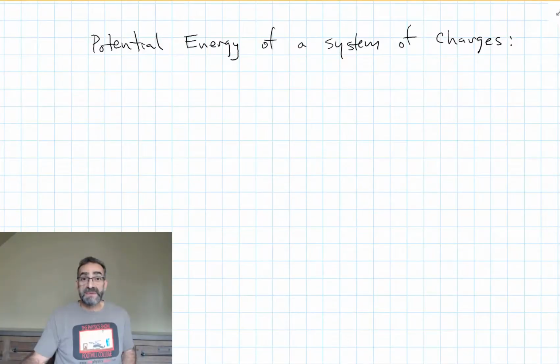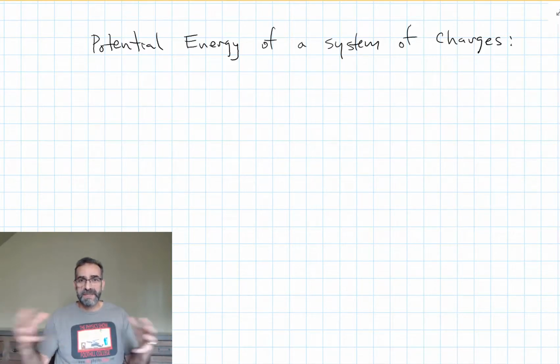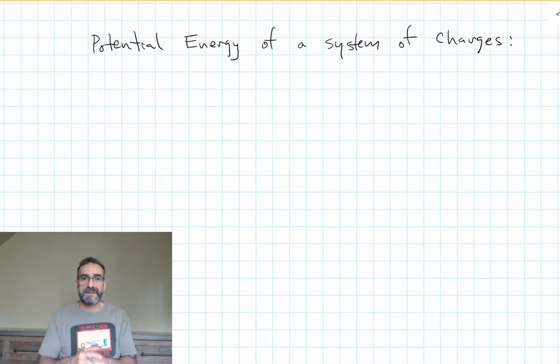Let's see what happens as we bring multiple charges in and create a system of multiple point charges. We want to know how much energy it takes to put that system together, or how much energy we would get out if we allowed those charges to go infinitely far apart from each other.